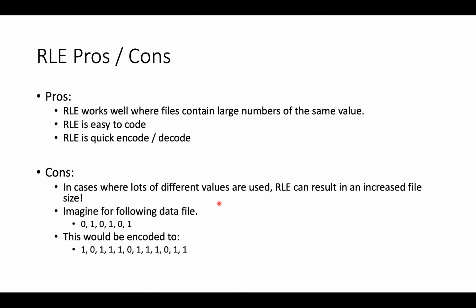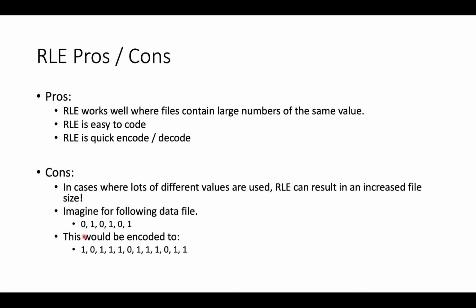The cons: if there's a lot of different colors or a lot of different values in your file, then RLE can actually increase the size of your data. So for instance, imagine we've got a bitmap which is 010101. Okay, when we RLE encode that, I want one lot of 0, then one lot of 1, then one lot of 0, then one lot of 1, then one lot of 0, and then one lot of 1.